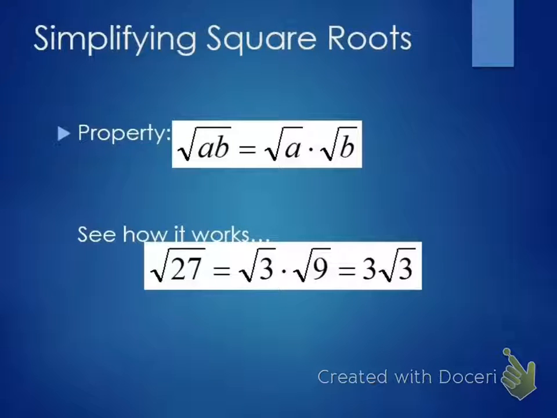So if you want to draw little arrows to what came from what, the 9 created the 3 that's out in front, and the square root of 3 stayed the square root of 3 in the back. And of course, we got the 3 and the 9 because 3 times 9 is equal to 27.